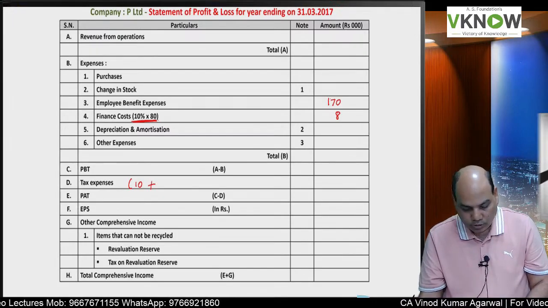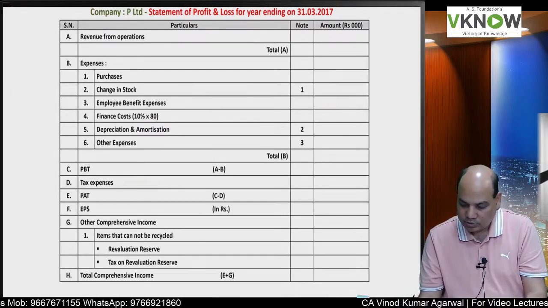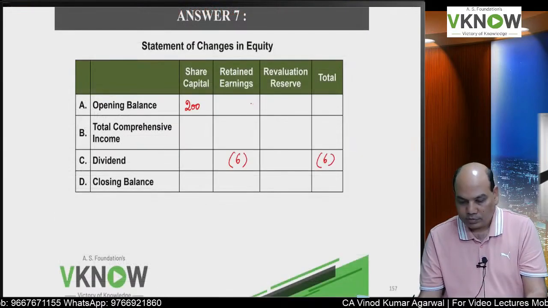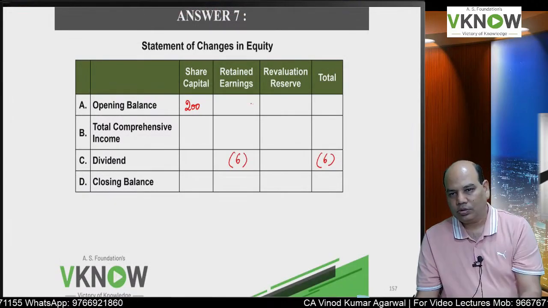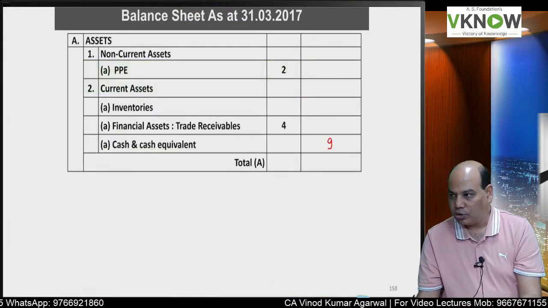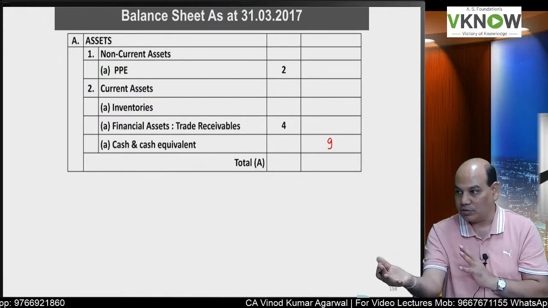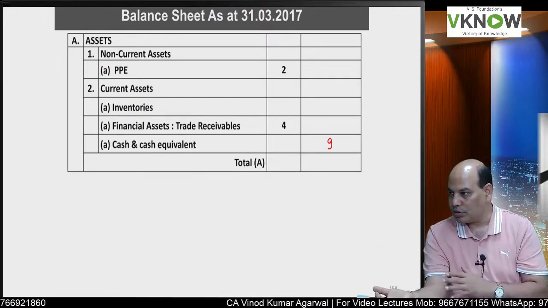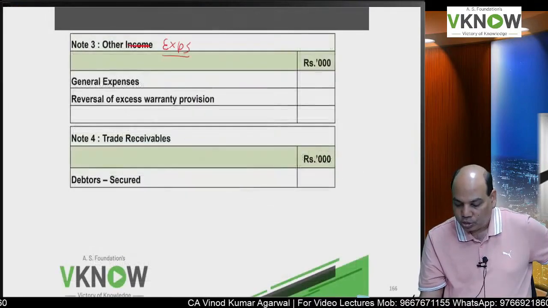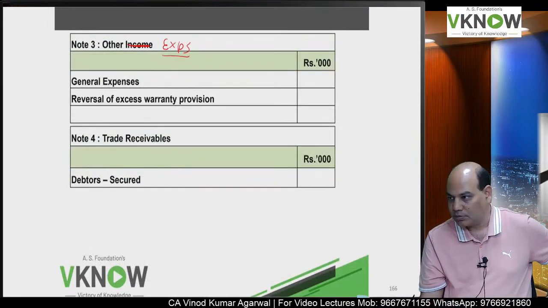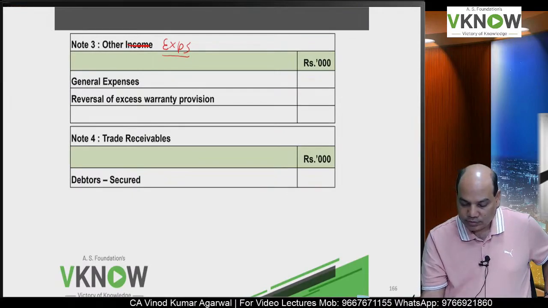So what I'll do, 15 I will reverse. How do I reverse it? Provision account debit to expense account, because last year we had charged expense to provision. So this year we will reverse it. I have prepared note number 3, other expense. In other expense, I will reverse it.